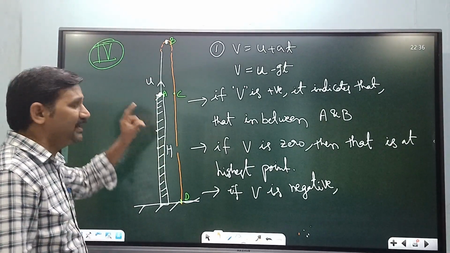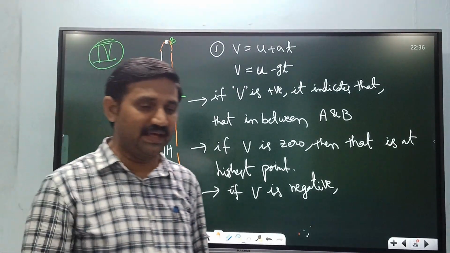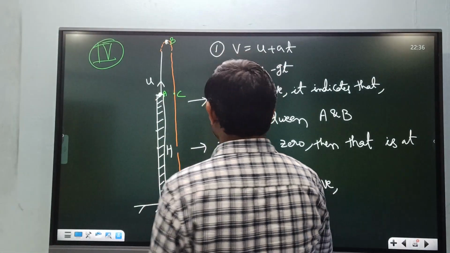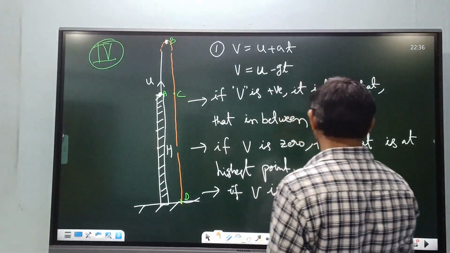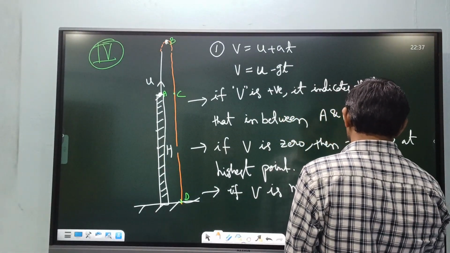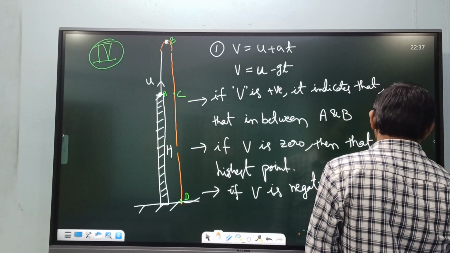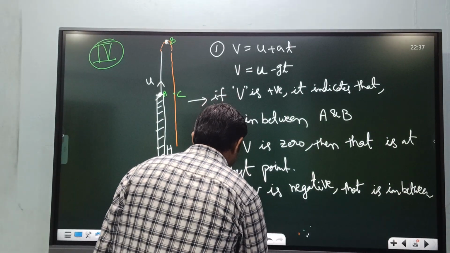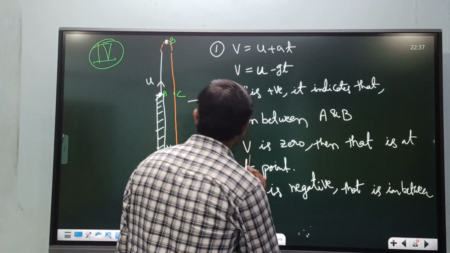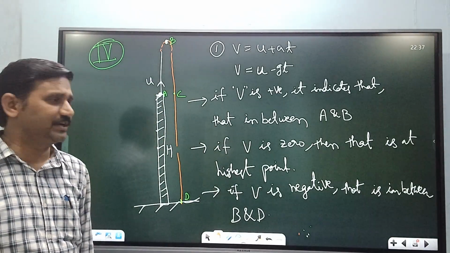A to B is the upward direction and B to D is the downward direction. Okay, this is about our first equation of motion.